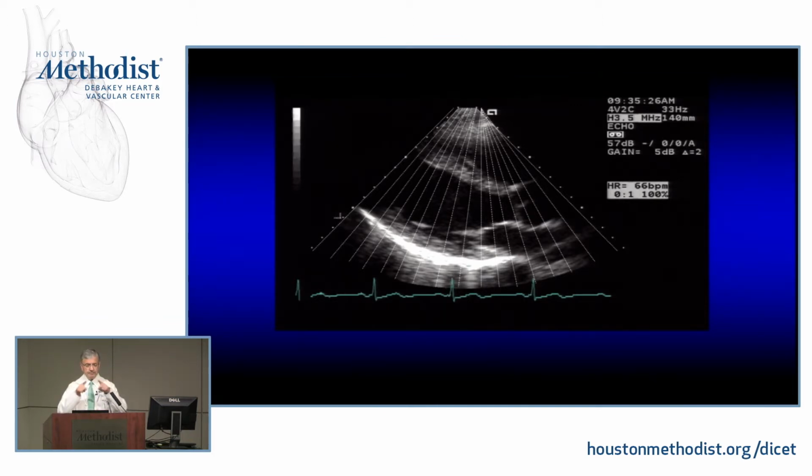If I had a linear, like a box, I'm going to see shadows of the ribs, and because the ribs are bony, they're going to reflect most of the ultrasound, so I'm going to have a black under each one of them. That's your imagination of what a linear ultrasound would look like.